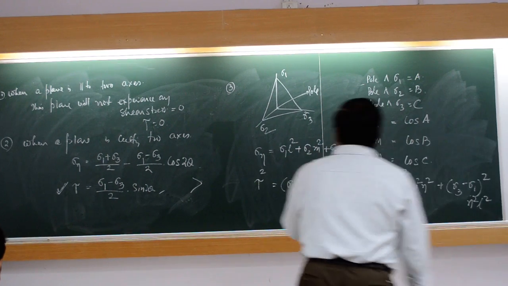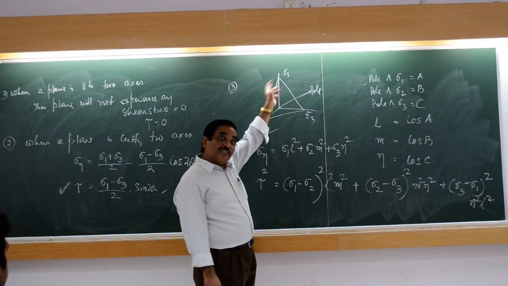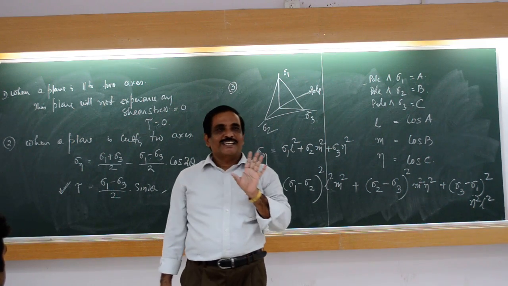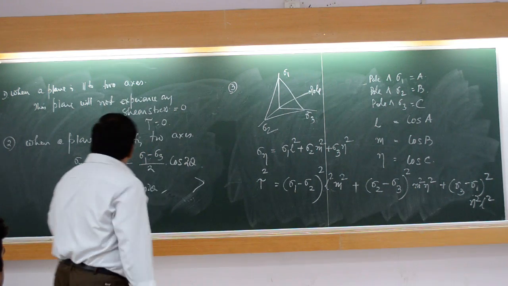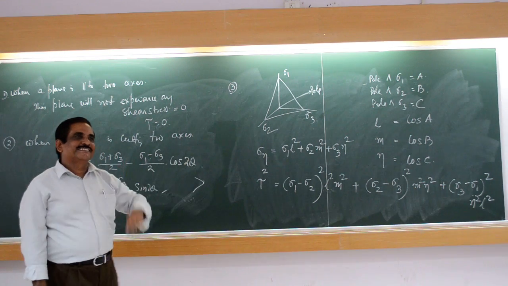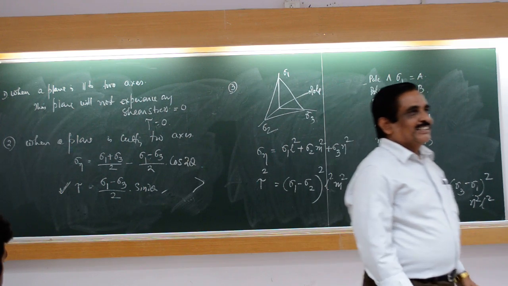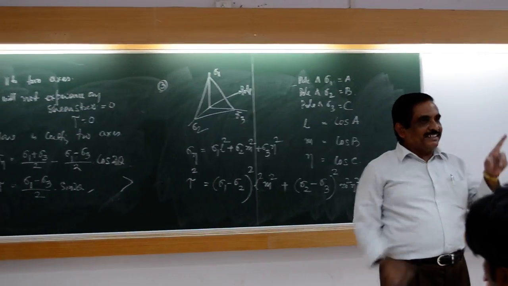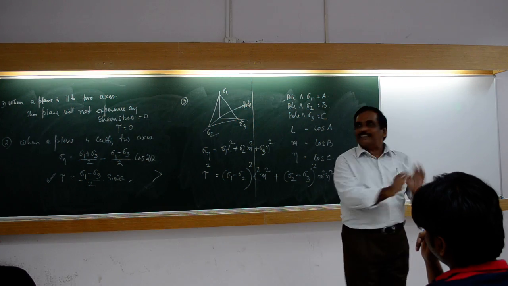What he says, the shear stress experienced by a plane, if it cuts all the three axes, can never be more than if that plane cuts only sigma 1 and sigma 3 axis. That is the conclusion. अब तीनों को काट दिया तो उसमें जितना shear stress होगा, it can never exceed this value.